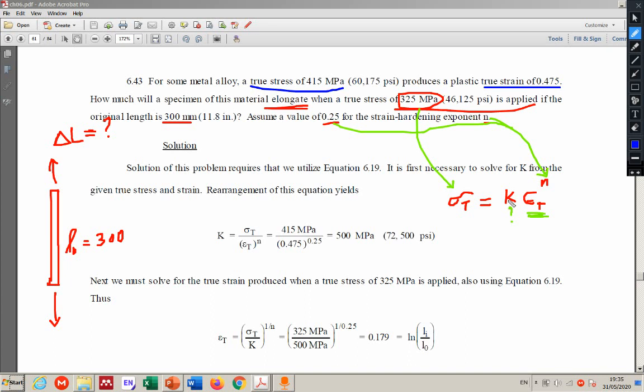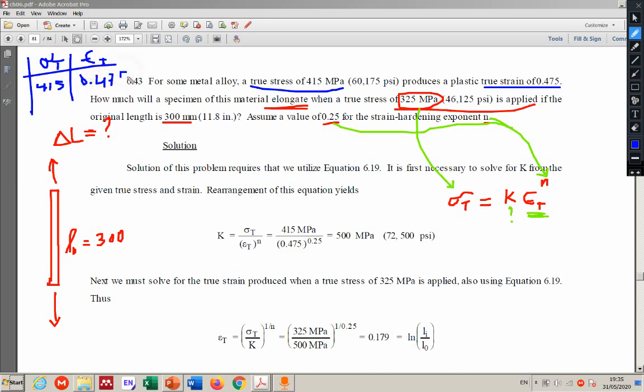Remember, do not mix them. I've seen students use this one with that one. I always say that a true stress has a corresponding true strain, so always make a table for yourself to know that you're not mixing things. If this is sigma and this is strain, write it like this: 415, and the corresponding strain is 0.475.